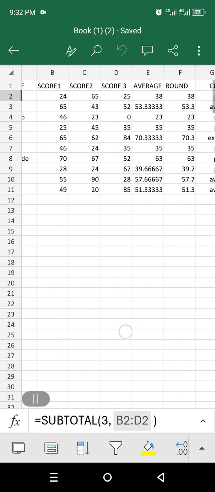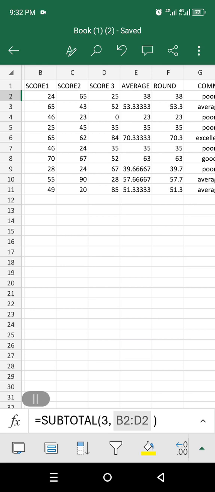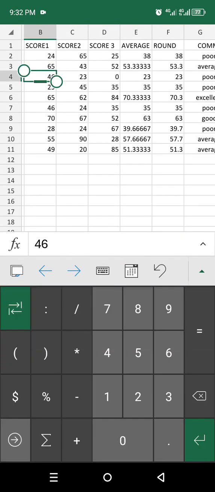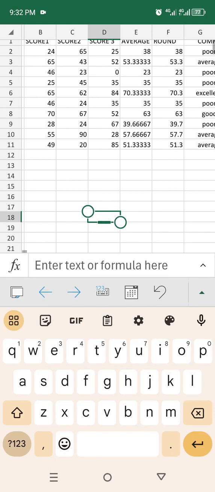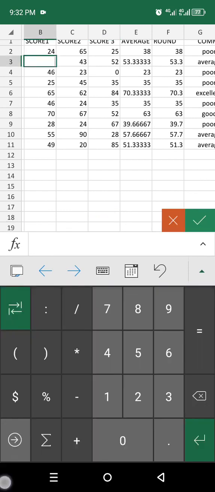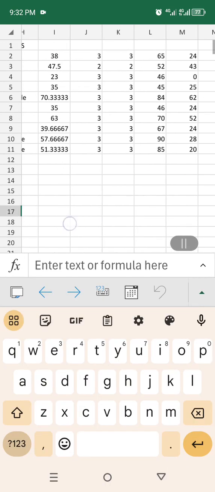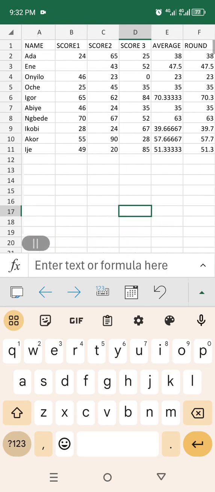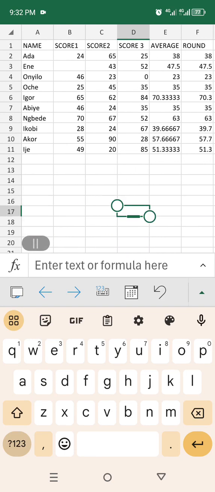If we come here and remove this 65, you will see that both of them are having 2, 2, meaning out of D3 to D3, one of that one do not have any value, so it will not count. It's only 43 and 52 that counted.